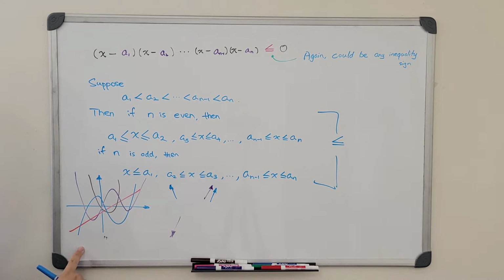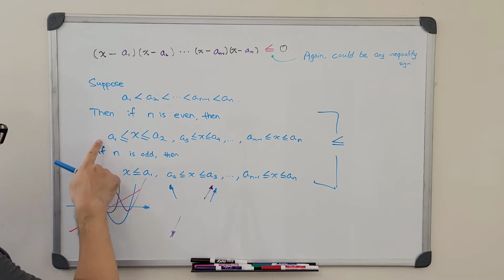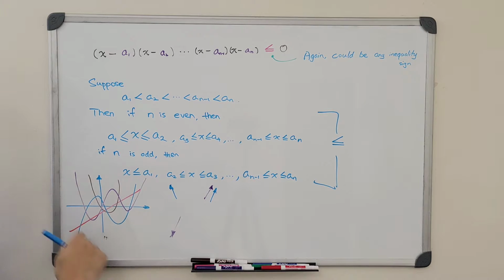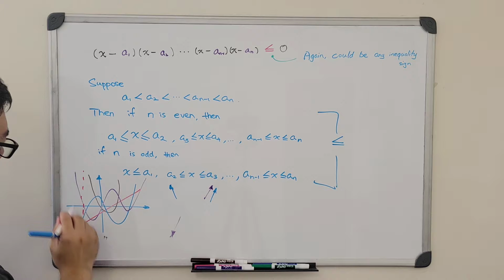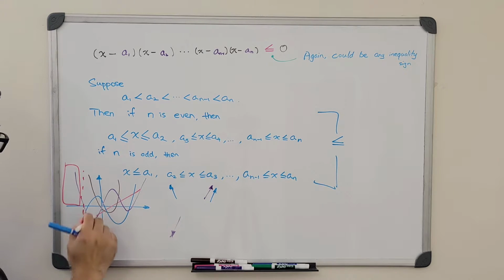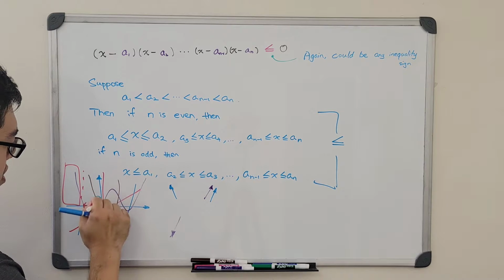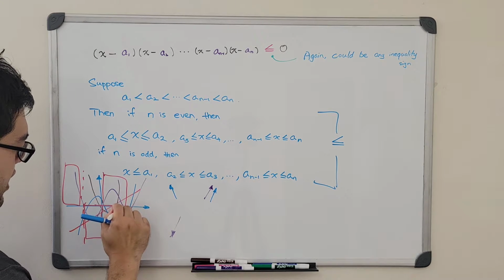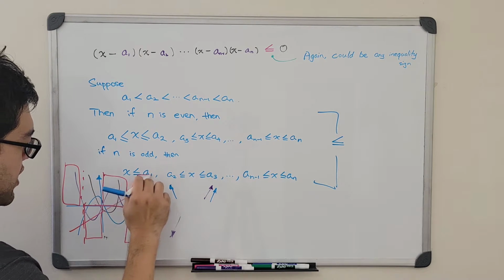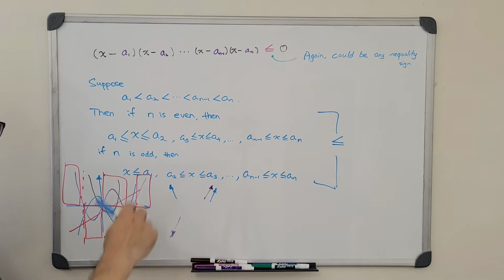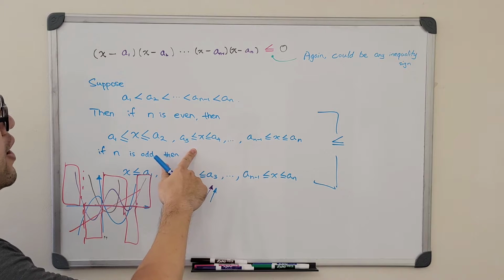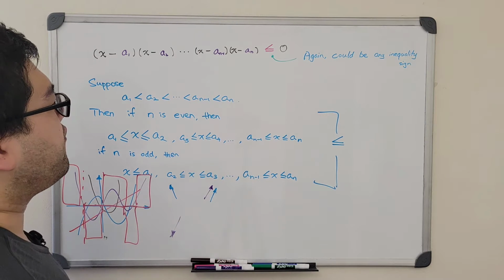We see that for the even case, we'll start off with something that's positive here, and then after the first root it will turn into negative, positive, negative, and then positive again. They're always going back and forth. Good. That's why we can claim the following.